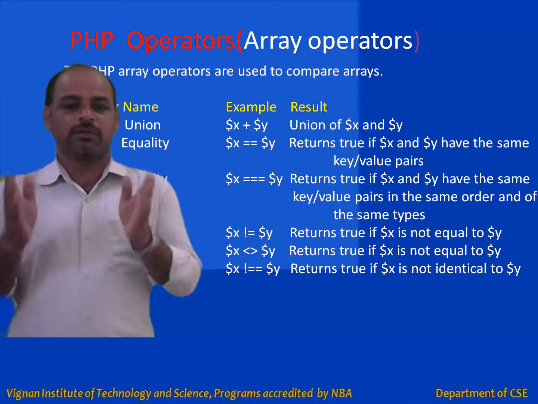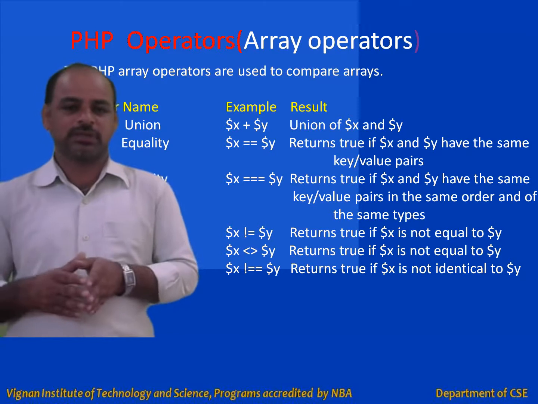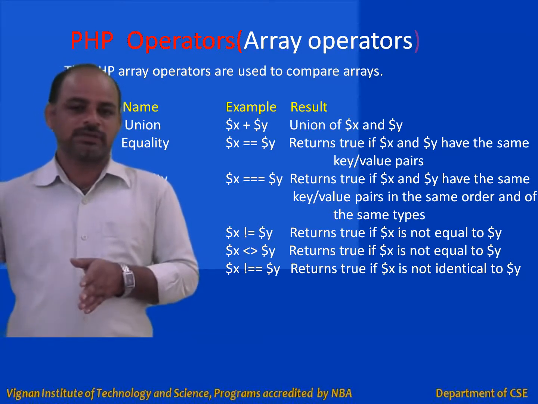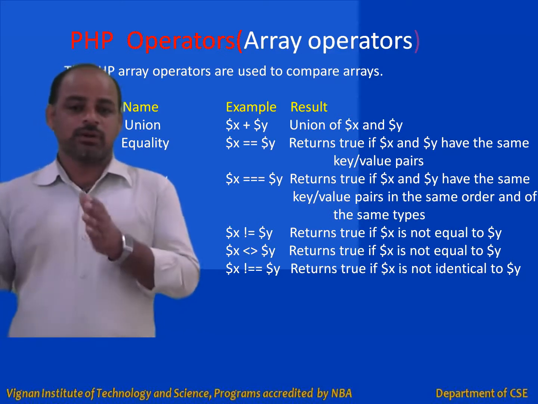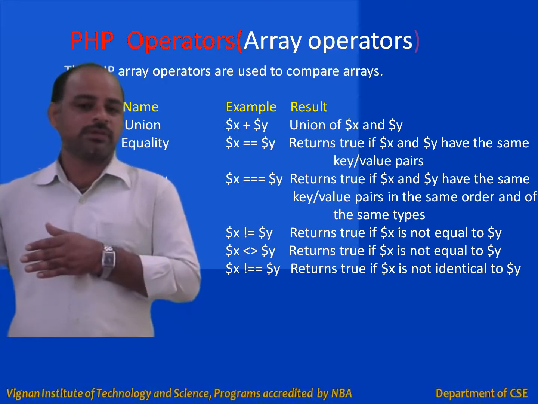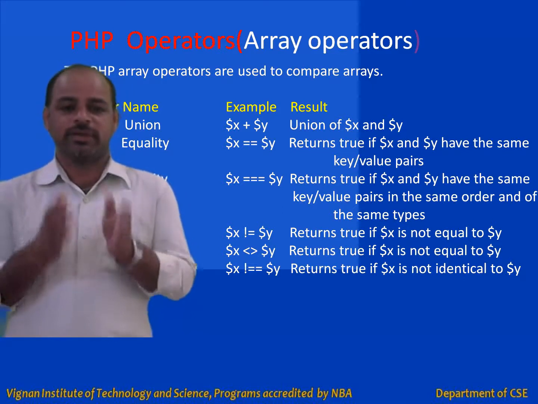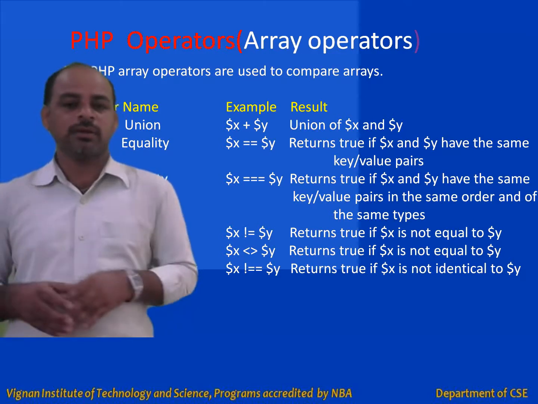Similarly here, if $x is one array which has the integers 2, 3, 4, 5, and $y is another array having 6, 7, 8, 9 elements, then $x + $y combines the elements of x with the elements of y. The resultant array has all elements of x and all elements of y. So that is the union of $x and $y.